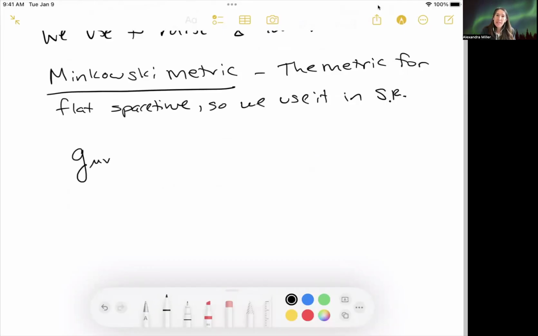G mu nu is often the letter that's used for the metric in general. Sometimes people use eta mu nu when they want to specifically talk about the Minkowski metric. So G can be used for any metric, whereas when you see eta, usually someone's specifically talking about the Minkowski metric.